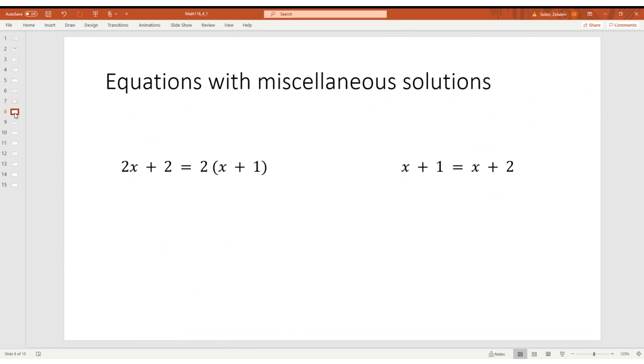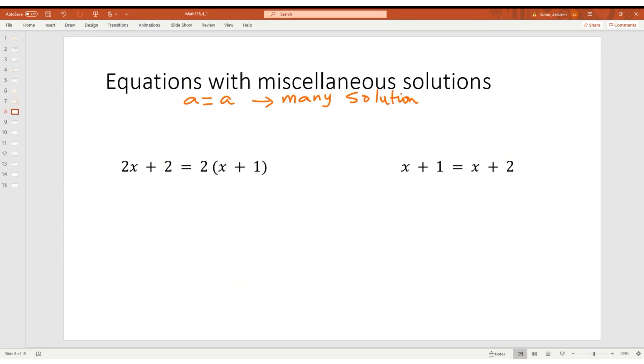So there are two conditions. One, after simplifying, if you have a equals a or 0 equals 0, this kind of equation will give you many solutions. We call them miscellaneous solutions because either will give you many solutions or no solution.